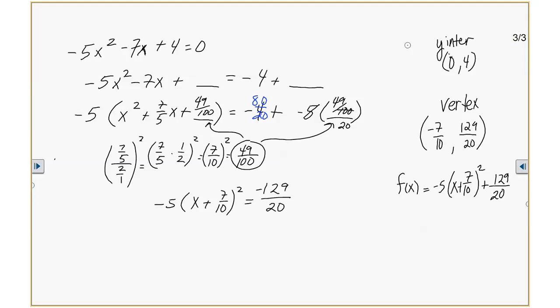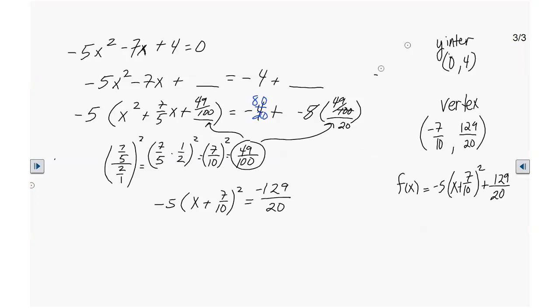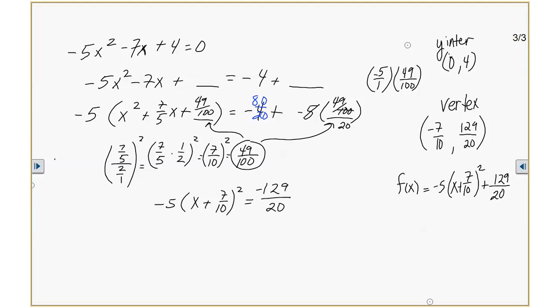Right here, negative 5 over 1 times 49 over 100. That's what that is right there, right? And what happens to 5 and 100? It looks like Louisiana.